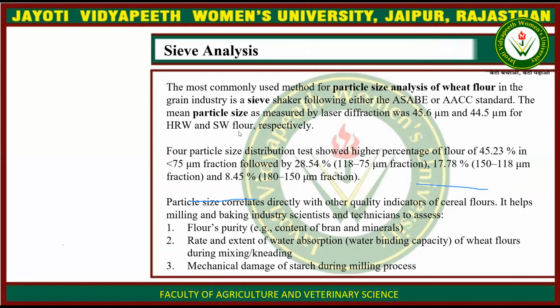The most commonly used method for particle size analysis of wheat flour in the grain industry is a sieve shaker, following either the ASABE or AACC standard. The mean particle size as measured by laser diffraction was 45.6 micrometers and 44.5 micrometers for HRW and SW flour respectively.